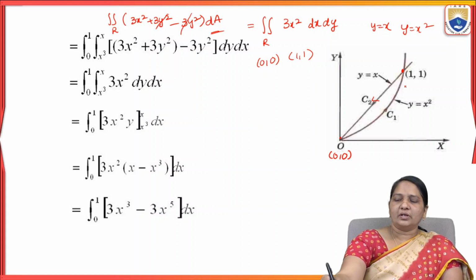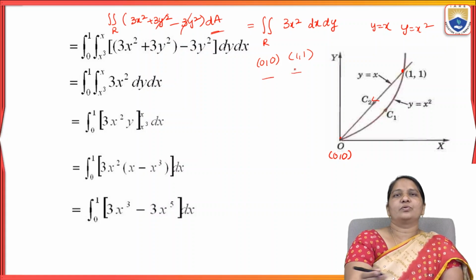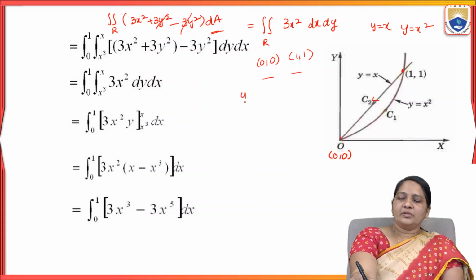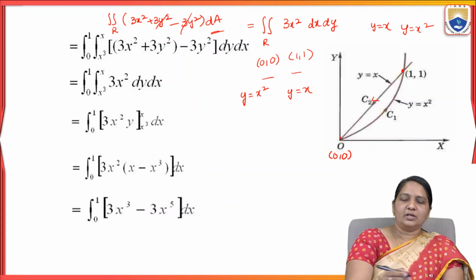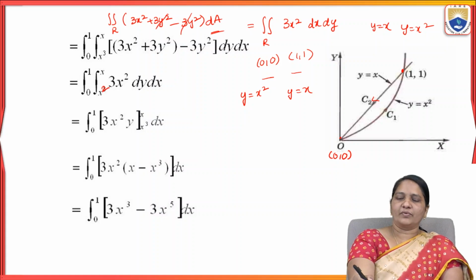Now we are going to calculate along like this. According to this data, (0,0) to (1,1), first we take the y value. What is the y value they gave? y equals x² and y equals x. We have two curves, so the y limits are x² to x.